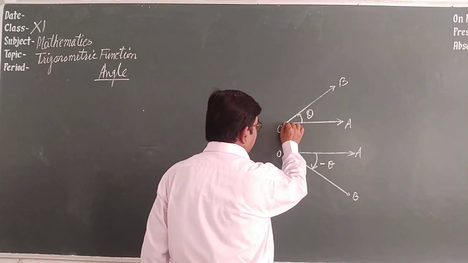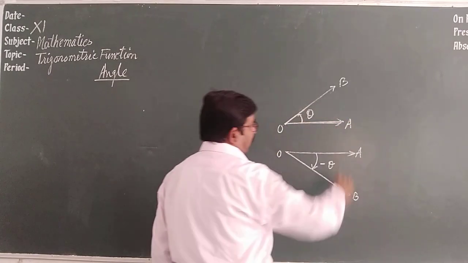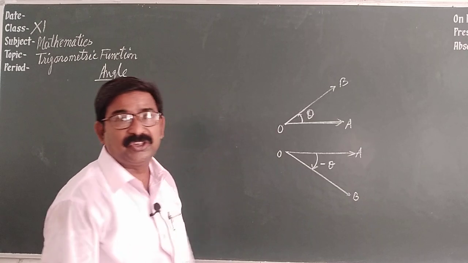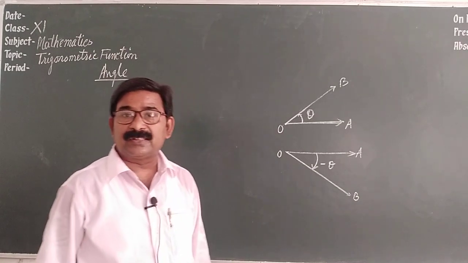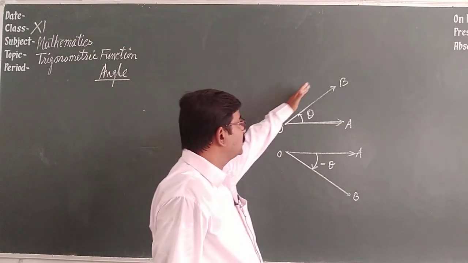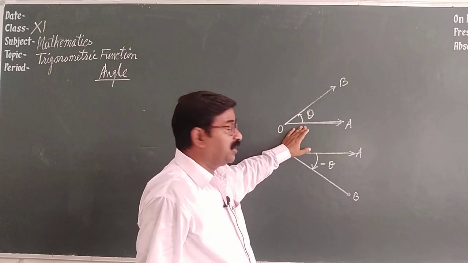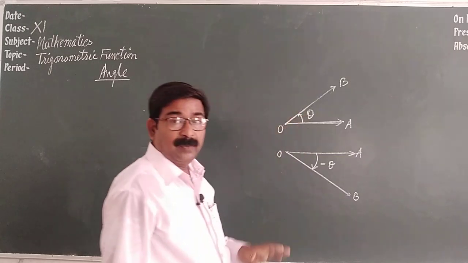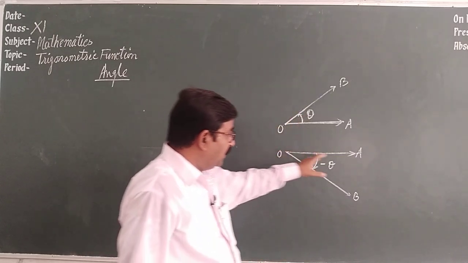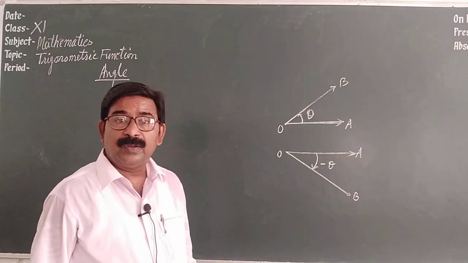This line or ray OA is called the initial ray, and OB is called the terminated ray.